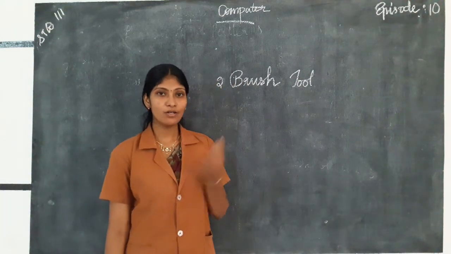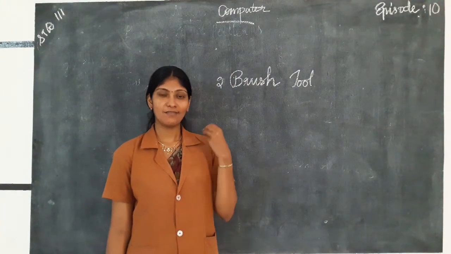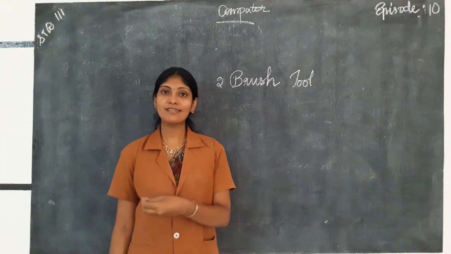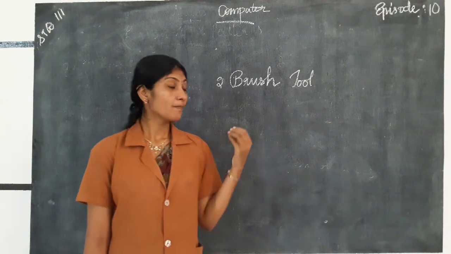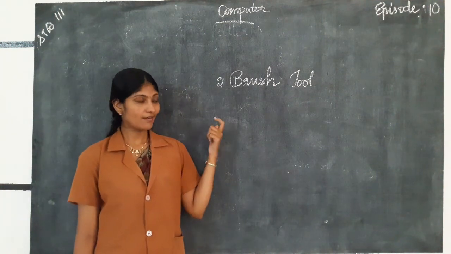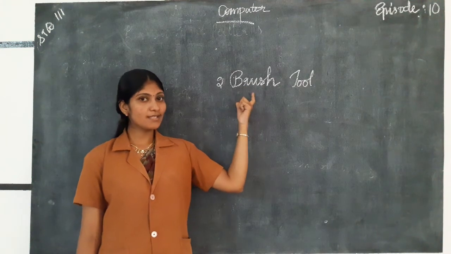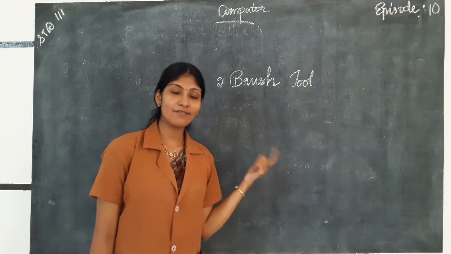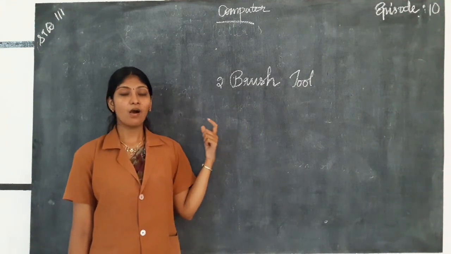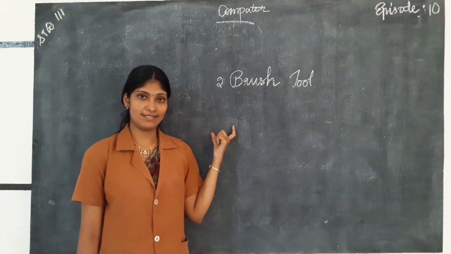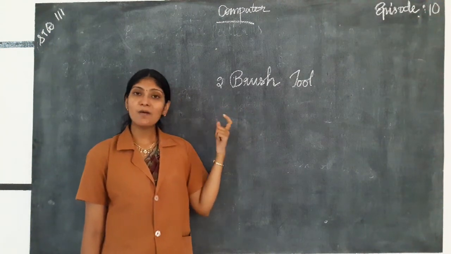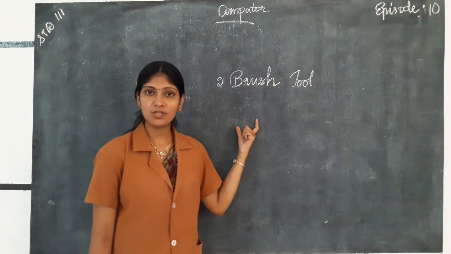So we know coloring brushes. We have used coloring brushes in our paper or notebook, right? So the brush tool is used to color. We can color the picture, and we can also draw lines. There are so many brushes in this brush tool, and each brush has its own texture.